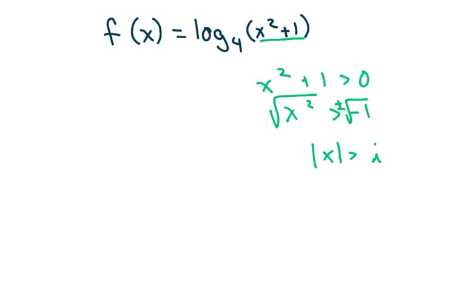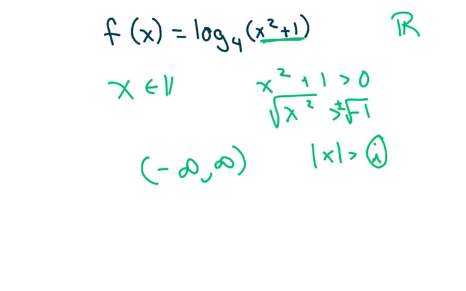And usually when they're asking for the domain of logs, they're asking for the real number system. So in this case, since we don't really want to deal with the complex number system, we're going to say it is all real numbers. You can just say x belongs to all real numbers, because we're not going to even consider the complex numbers. Any number you square in here is going to be positive.